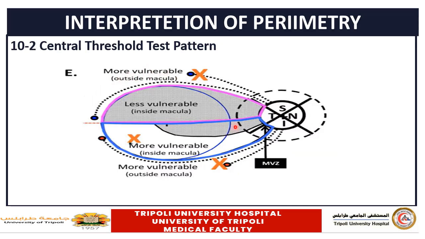So if we just depend on the 24-2, which does not represent the central 10 degrees carefully, we will miss these changes in early glaucoma, especially in glaucoma suspects or patients with ocular hypertension. The changes will appear early in this area. So your patient will be missed if you just depend on the 24-2. However, if you do the 10-2, you will pick up the changes that happen in this area.